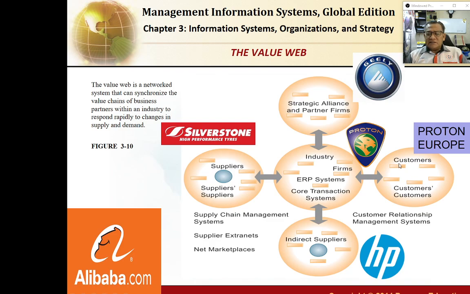So this computer network in Europe is also linked into Proton's computer network in Malaysia. Last but not least, Proton's IT infrastructure can also be linked to their suppliers. For example, HP supplies hardware and software to the Proton intranet.